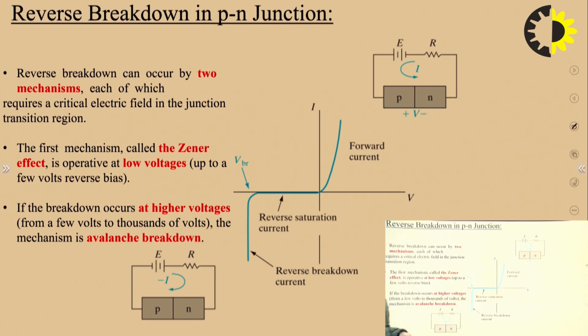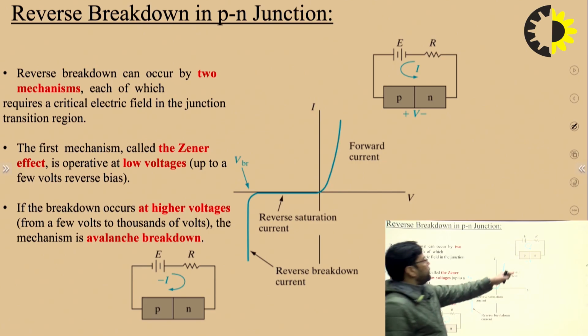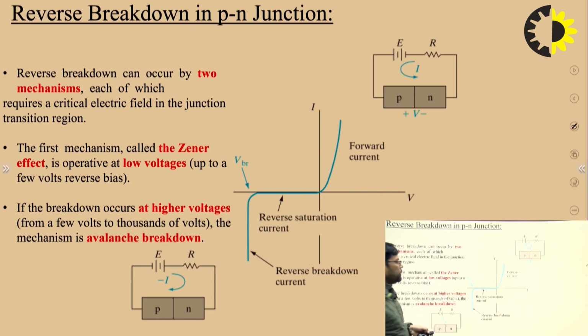The second is the avalanche breakdown. These characteristics we already studied in the last slide. This is the forward bias and reverse breakdown, and we have two kinds of reverse breakdown. The first is Zener breakdown, and the second is avalanche breakdown. At low voltage we have Zener breakdown, and at higher voltage we have avalanche breakdown.